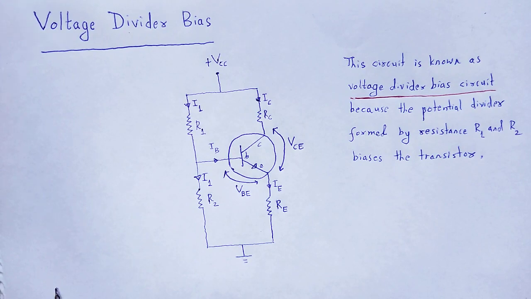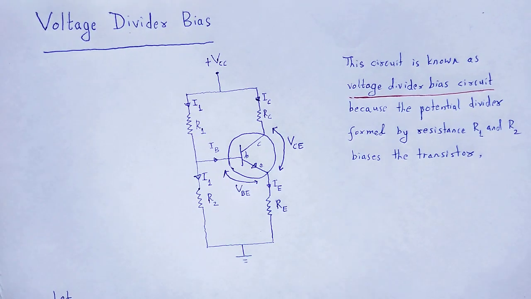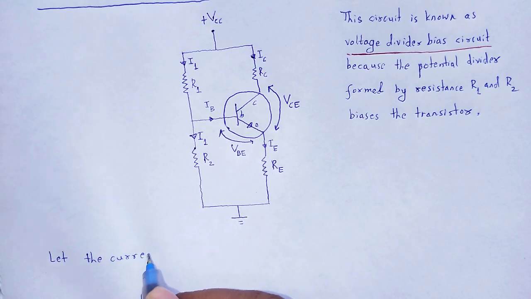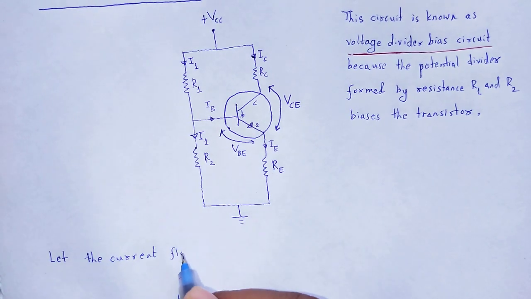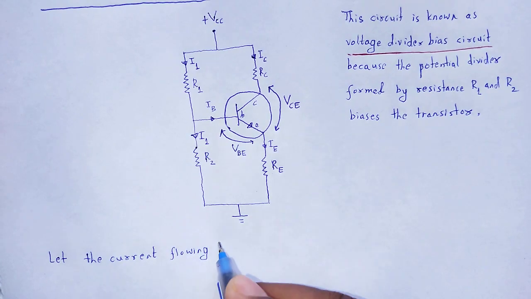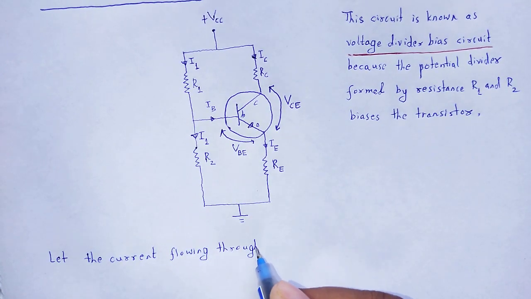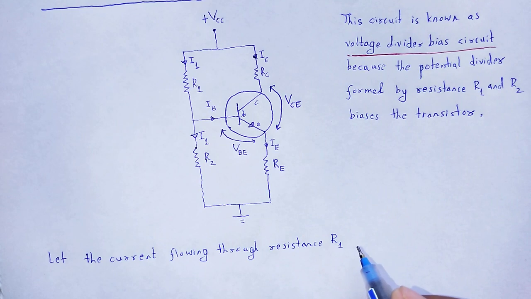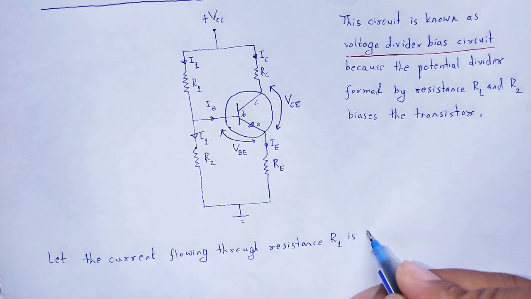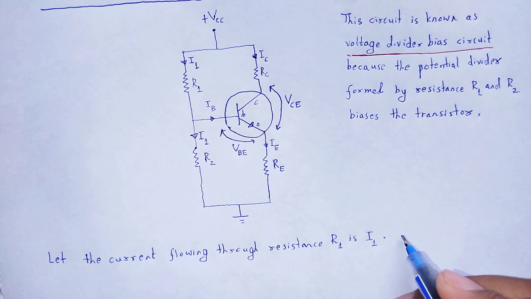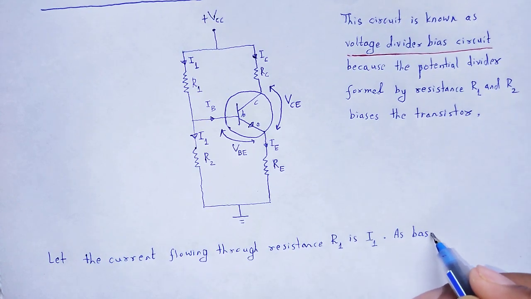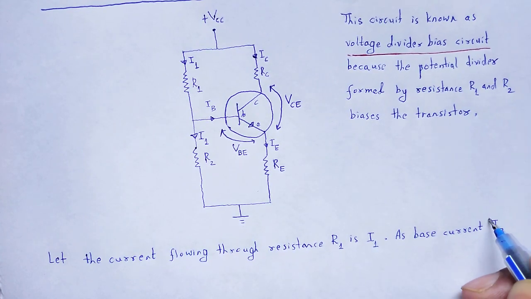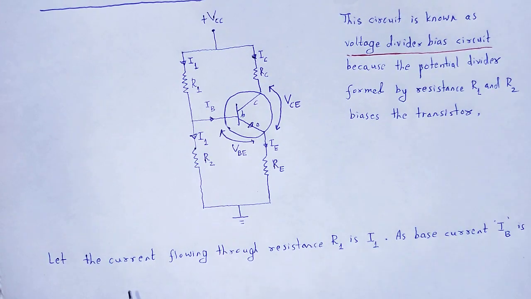Let the current flowing through resistance R1 is I1, as base current IB is very small.